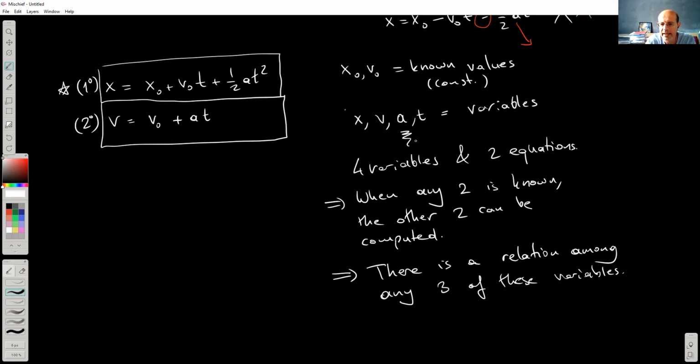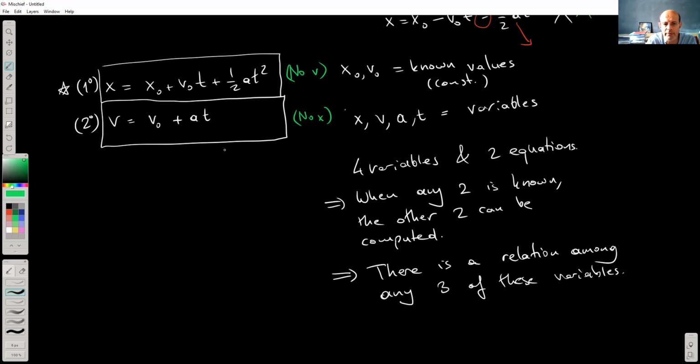You can see that, for example, in the first formula, there is no mention of velocity in here. So this formula relates position, time, and acceleration to each other. In the second formula, there is no mention of x. So this relates the velocity, acceleration, and time to each other.